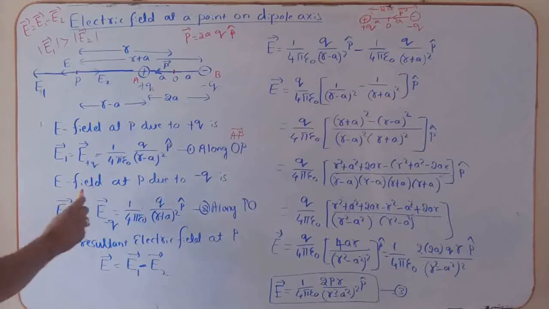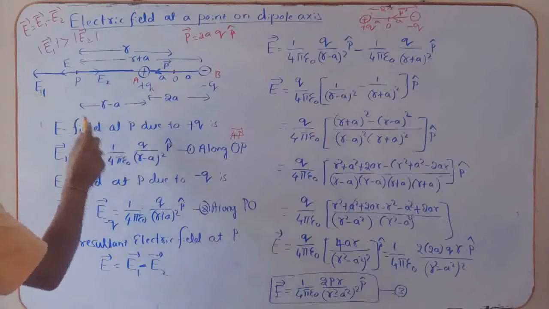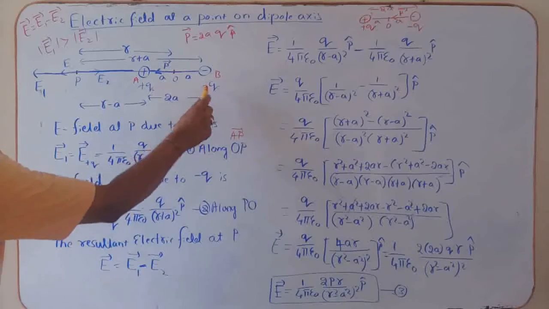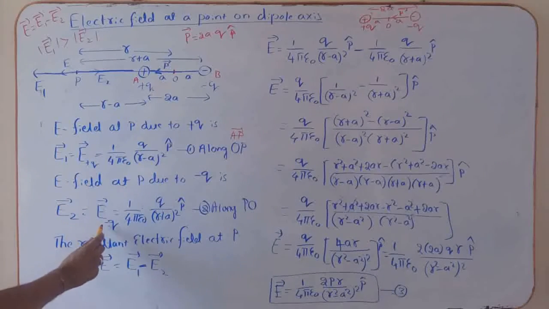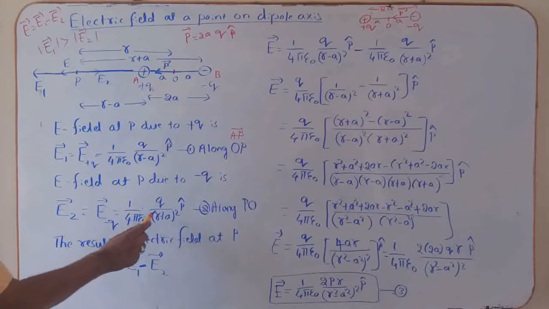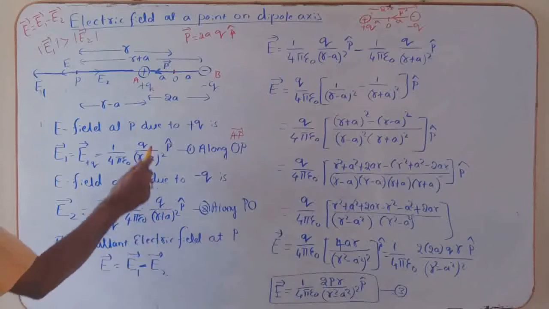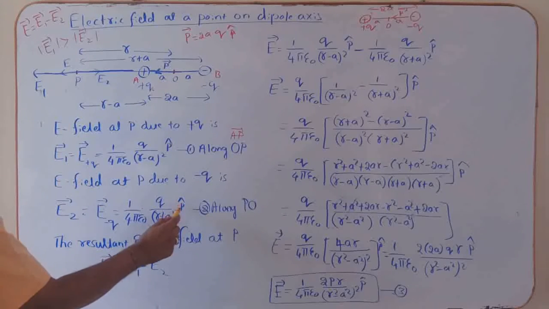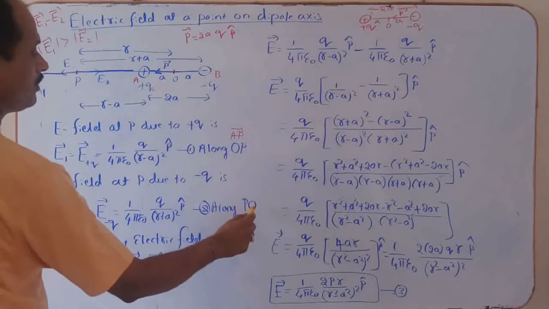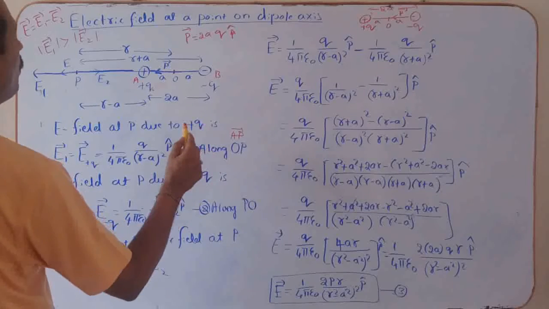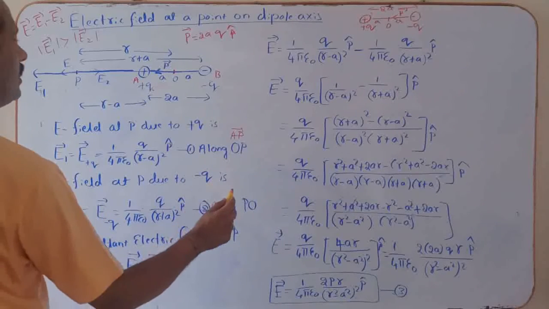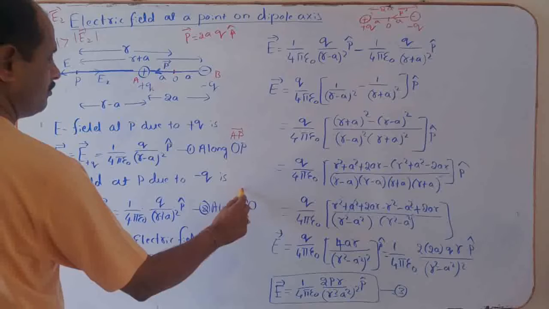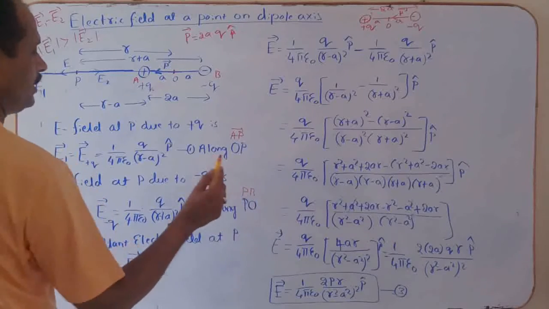Fine. The electric field at P due to minus q charge is E2, equal to 1 by 4 pi epsilon naught, q divided by (r plus a) whole square, P cap, along PB.